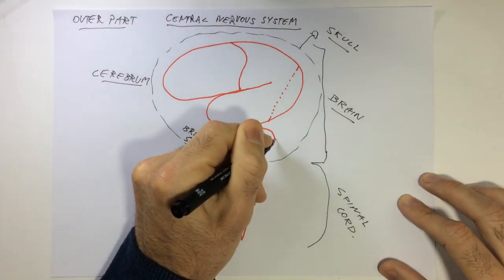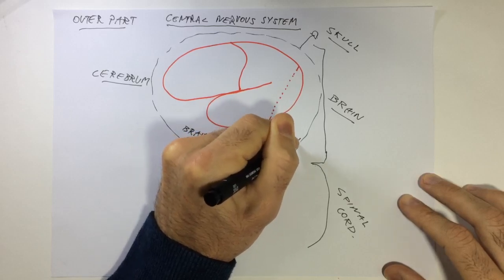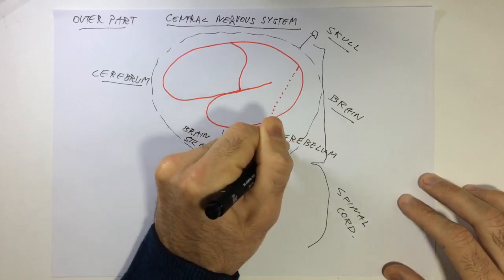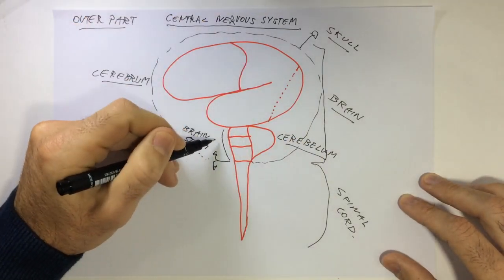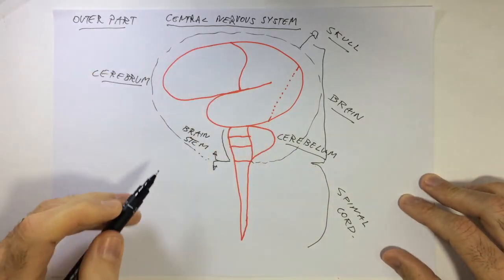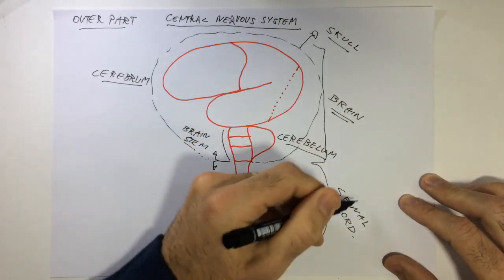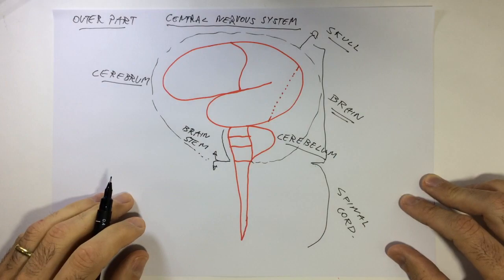And here in the back of the brain, we have the cerebellum. So the cerebrum, the brainstem, and the cerebellum, when we put these parts together, we have the brain. Plus the spinal cord, as I said before, the central nervous system.